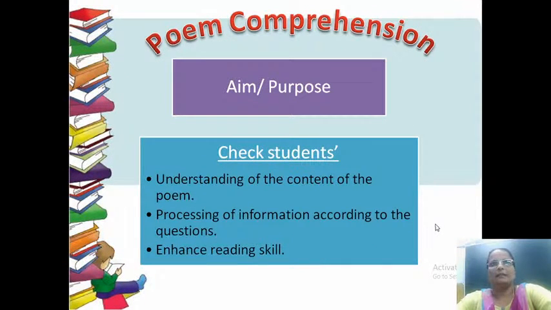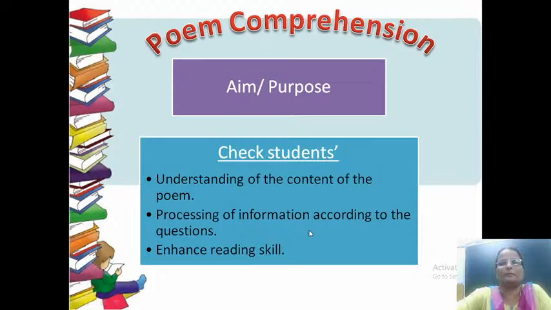The first slide, we discussed the aim or purpose of poem comprehension. The aim is to check the students' understanding of the content of the poem. How do you understand what is written in the poem by reading it yourself? Second, how do you process the information according to the questions given below the poem?